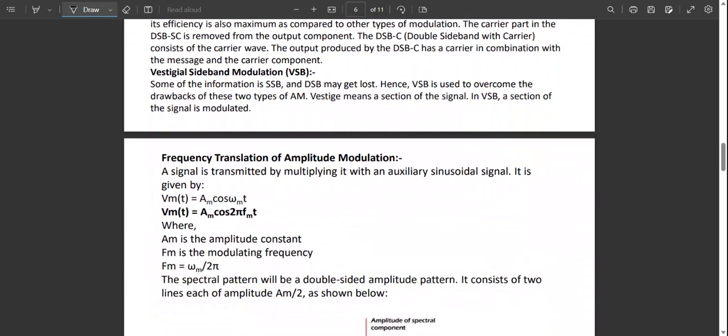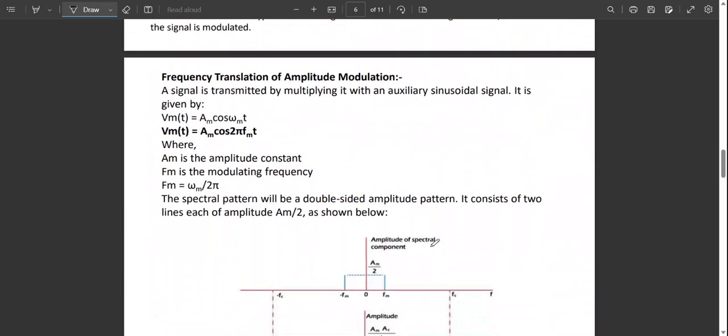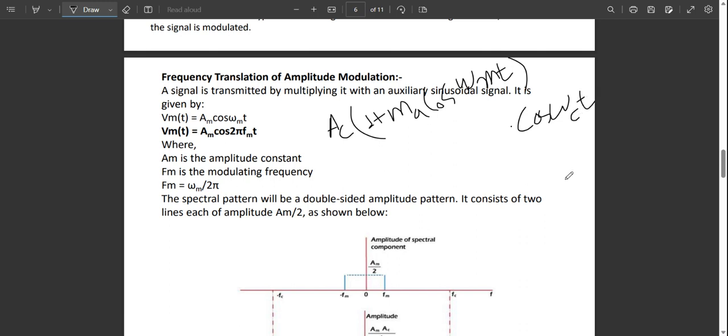Now if we come to the time domain representation of an AM signal, we can see that it is Ac into 1 plus ma cos omega m t into cos omega c t.